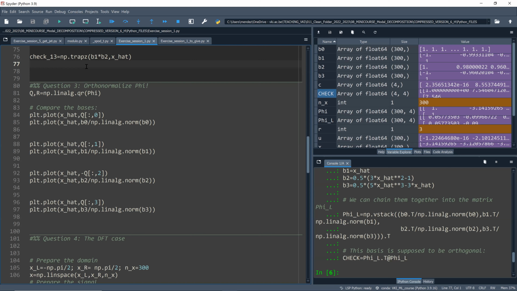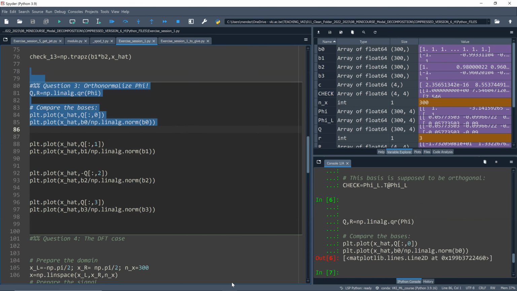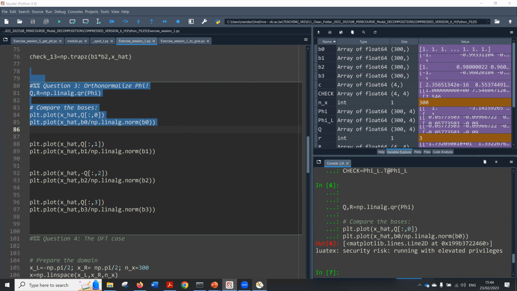And I asked you to compare that with the Legendre. Those were the plots which I'm doing here below. Are you there? Are you on this one? If you compare them, what you will see is that they look quite similar. They can be defined up to a minus sign.